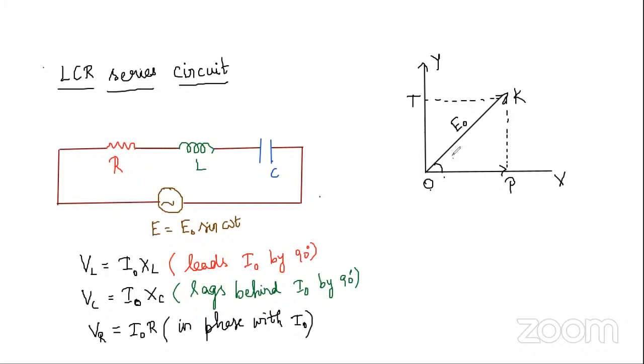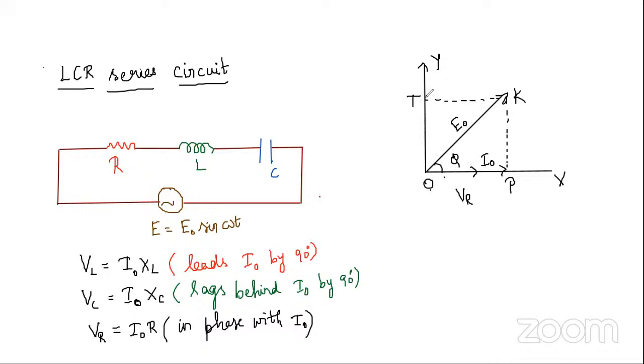So you'll be having phi as the phase difference. So along this axis, you will be having VR and of course I naught. I naught along X axis. VR and I naught are in phase, so both these phasors are in X axis.